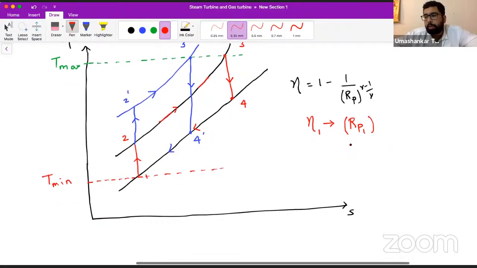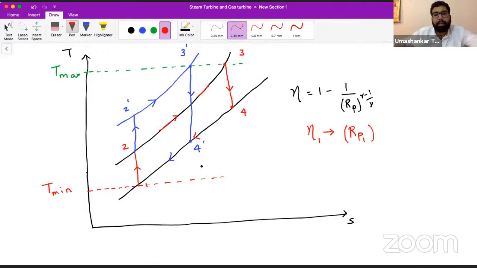For the second cycle, the blue pen one, let's say the efficiency is N2 and the pressure ratio is RP2.